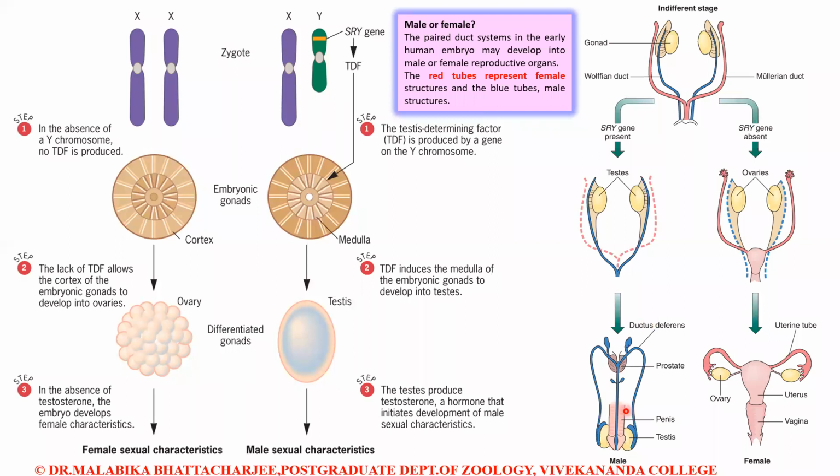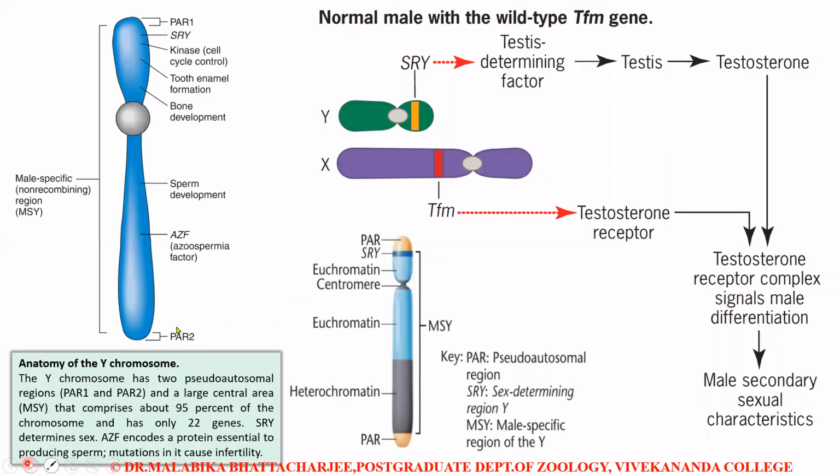Now, let's look a bit in detail into the Y chromosome. So this is the Y chromosome. As you can see, there is a small arm and a large arm, and we have a centromere. At the extreme end, both in the small and the large arm, you can see a structure written as PAR1.